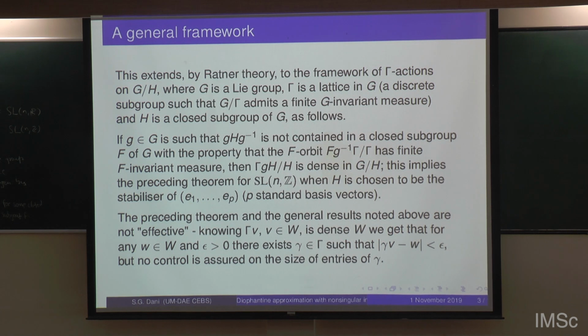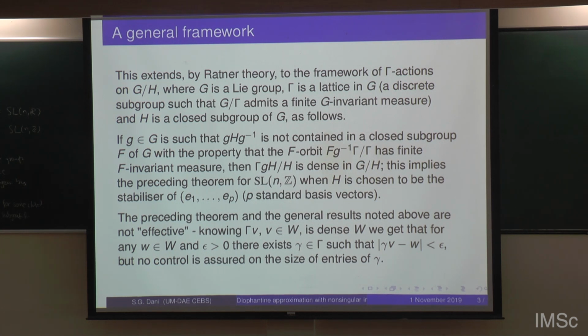Translated into simple language, it means that for any other vector W and epsilon greater than 0, there exists some Gamma such that the distance between Gamma V and W is less than epsilon, right? That for every W and epsilon, you can get a Gamma such that this is true.